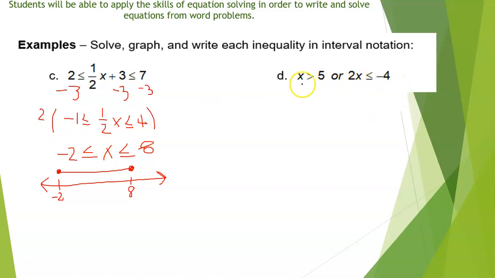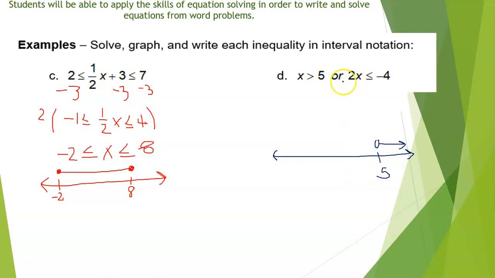So when we look at our answer for letter D, the first one says x is greater than 5. So I know that on my number line, I've got 5, and it says x is greater than 5, so I've got an open dot, and I'm going the greater than way.